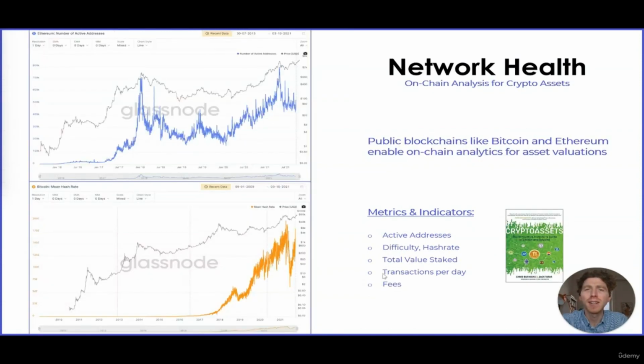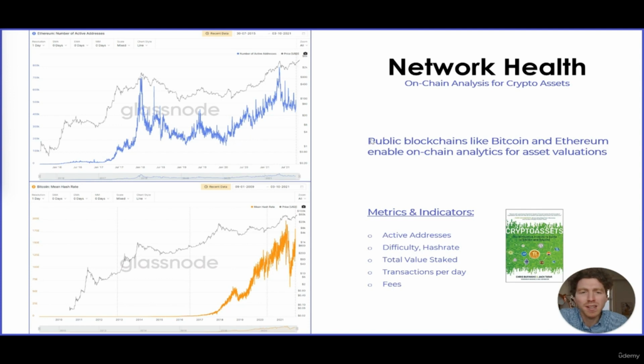Let's speak about network health. This is a very specific way to measure the value within crypto networks, and it's based on so-called on-chain analysis for crypto assets. What I show you here is Ethereum and Bitcoin and these specific blockchain indicators to really evaluate if it's worth investing in certain crypto assets.